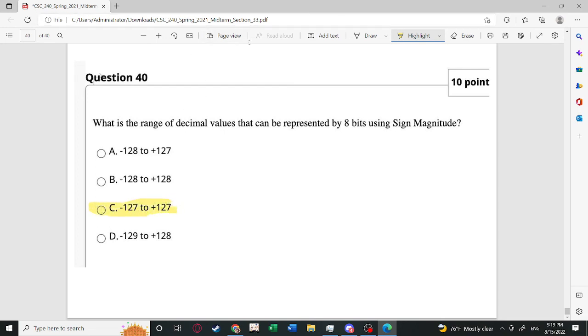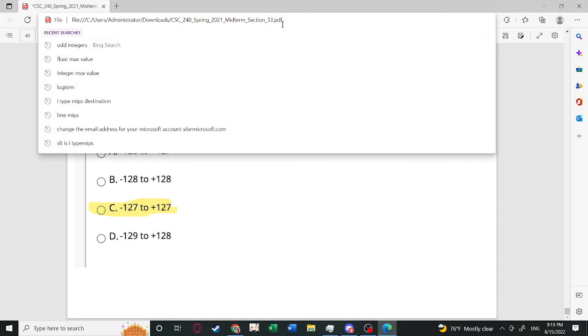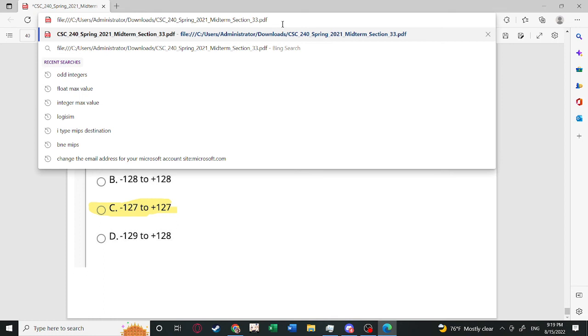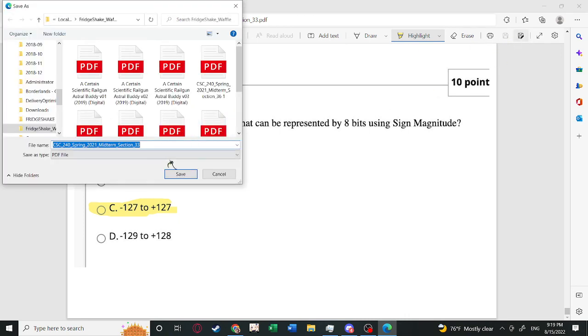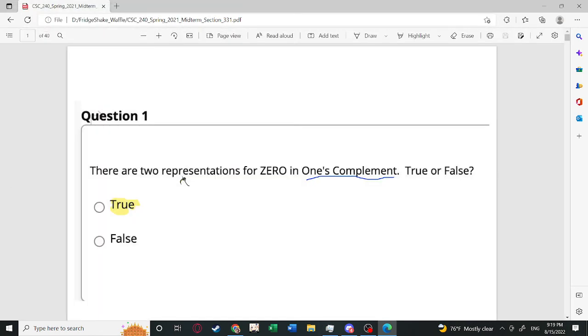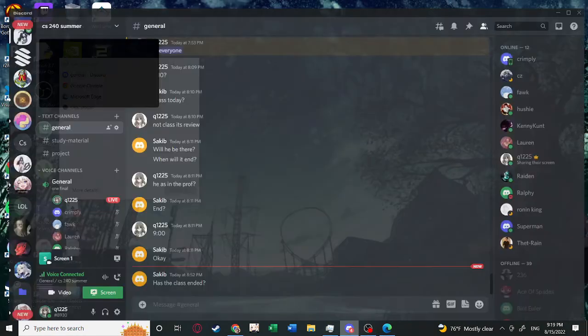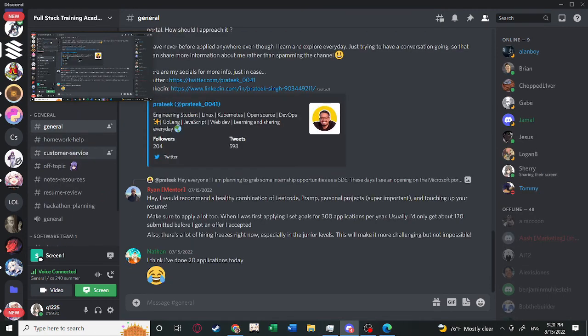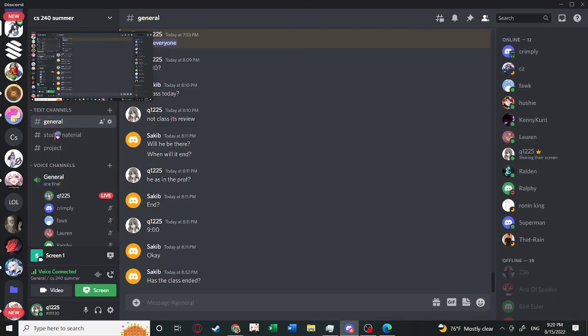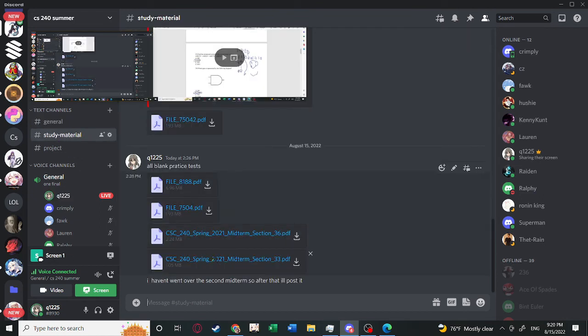Okay, we've gone over all the material that we have available to us. So in an earlier post, if you go to Discord, go to study material, this is all the blanks.